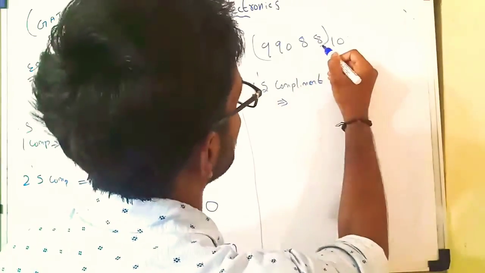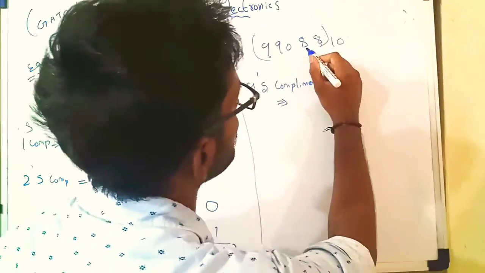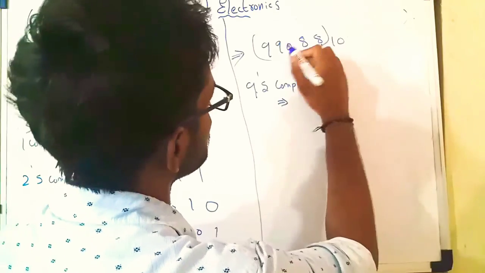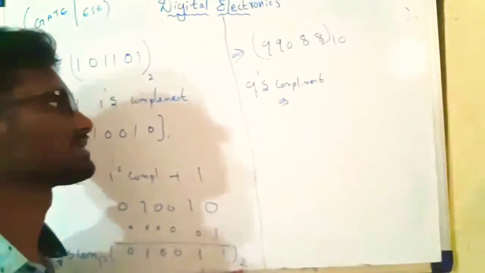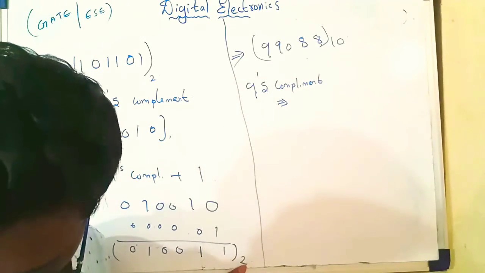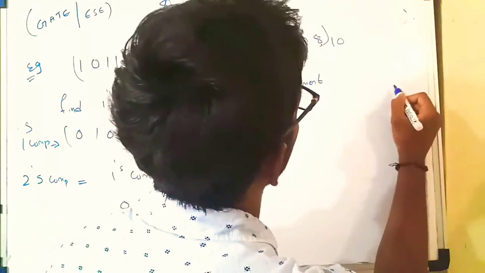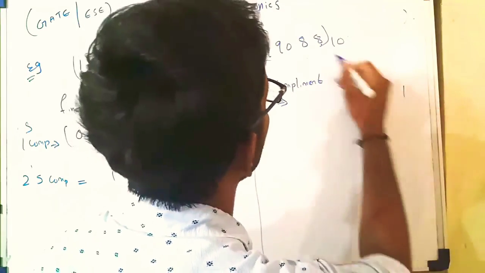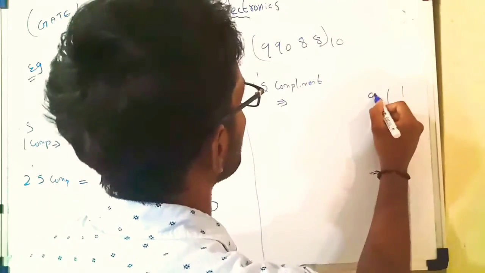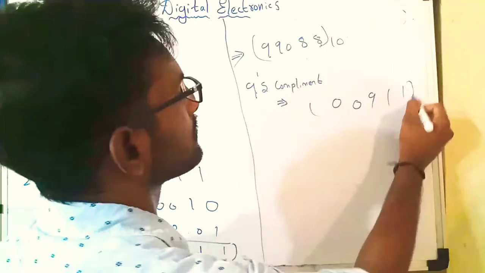For 8, we need to add 1 to become 9. For 0, we need to add 9. For 9, no need to add anything, simply 0. So the 9's complement will be 0, 0, 9, 1, 1.